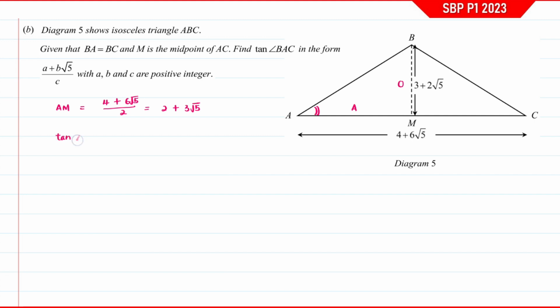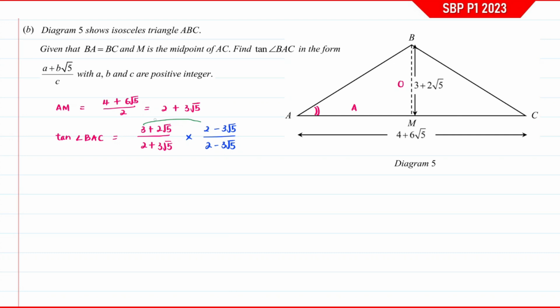So tangent angle BAC will be equal to (3 plus 2 root 5) over (2 plus 3 root 5). To rationalize the denominator, we're going to multiply this with its conjugate. So the conjugate here will be (2 minus 3 root 5) over (2 minus 3 root 5).